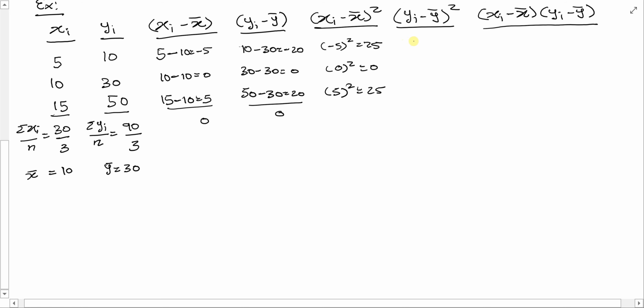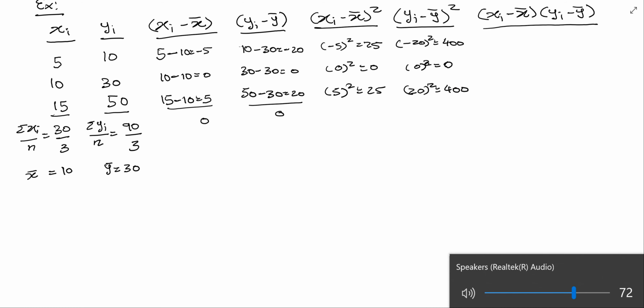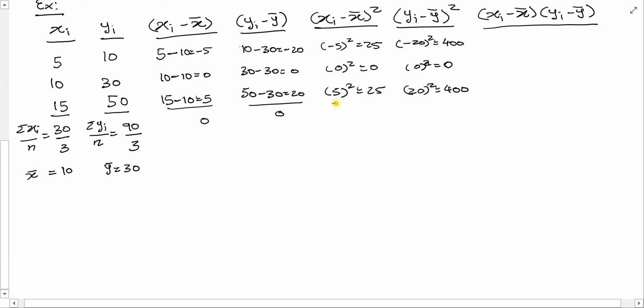For yi minus y bar square, it's minus 20 square, so that's 400, and then again 0 square, which is 0, and then 20 square, which is again 400. With me? And so what is the sum total of xi minus x bar square? That's 50.